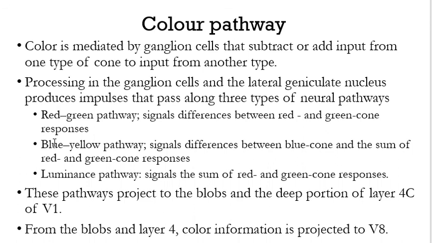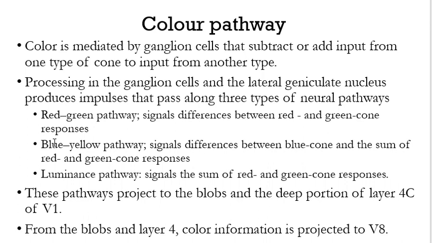Then you have the blue-yellow pathway. These signals come about when there's a difference between the blue cone and the sum of the red and green. Remember, when you put red and green, it will give you yellow.